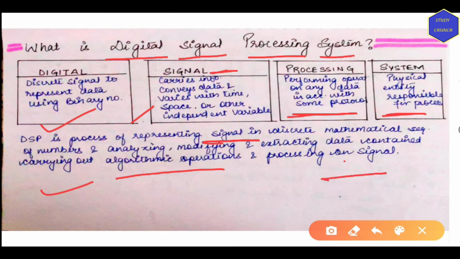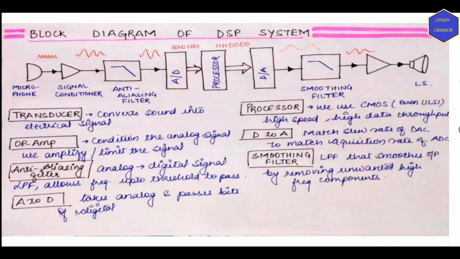So basically digital signal processing is carrying digital data through a processing system that applies a number of operations on the signal so that we can convey the data.